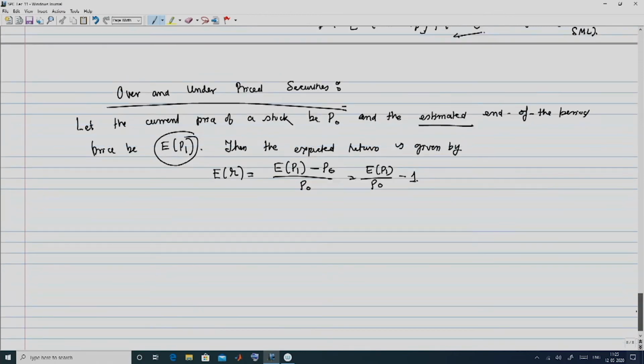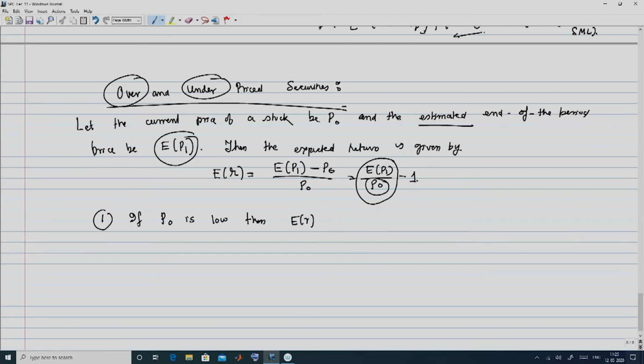Okay, now let us look at the over and under pricing aspect in the context of the CAPM. First of all, if P0 is small, then this quantity is going to be large. So, if this is low, then consequently E of R is going to be high, because E of R and P0 behave in an inverse manner.